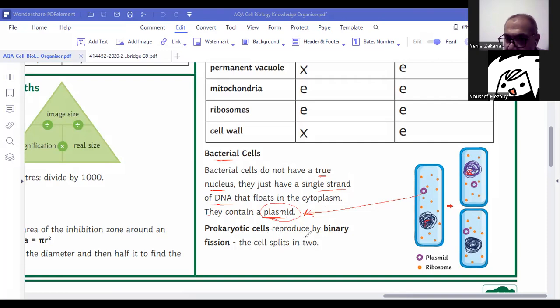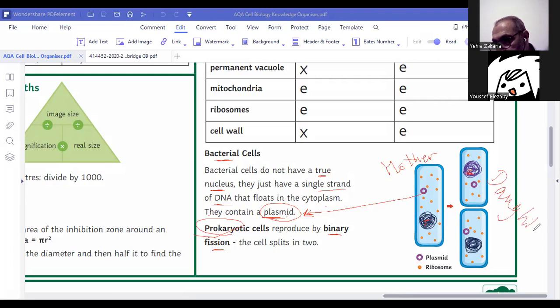Prokaryotic cells reproduce by binary fission. This is the type of reproduction for prokaryotes. This is the mother cell. It divides to become two daughters.